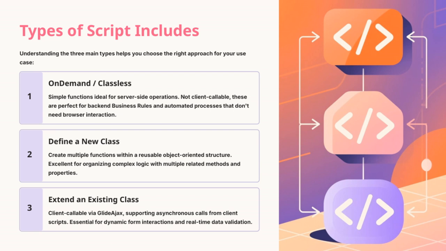These are straightforward, quick scripts that run when needed without the overhead of defining a class. They're useful for simple, one-off server tasks. Understanding these three types helps you choose the right approach based on your specific use case, ensuring your scripts are efficient, maintainable, and aligned with your overall development goals.